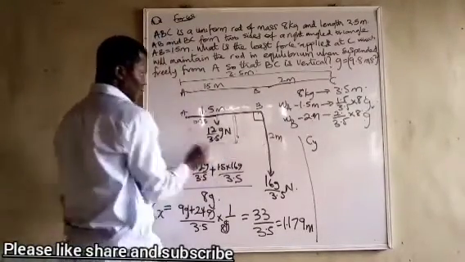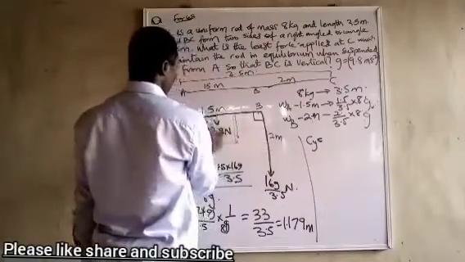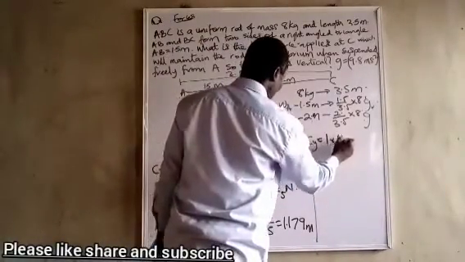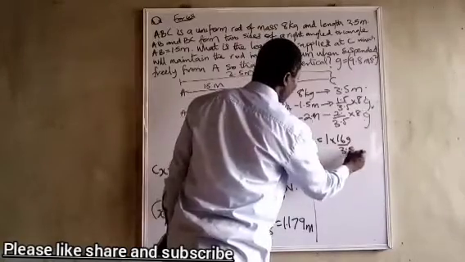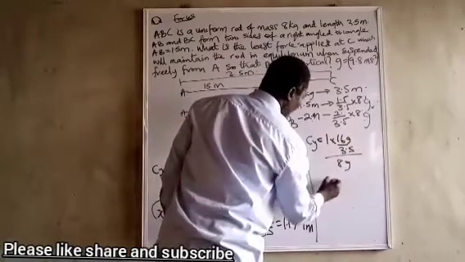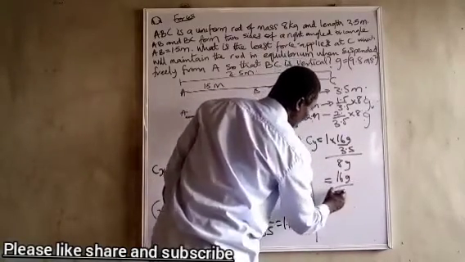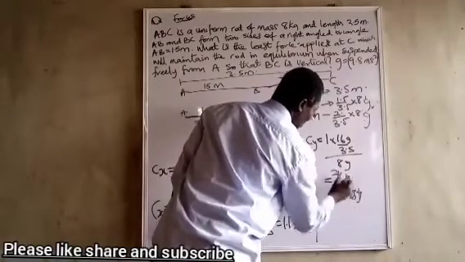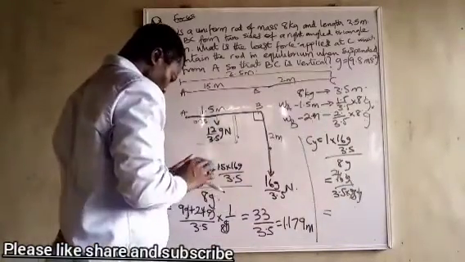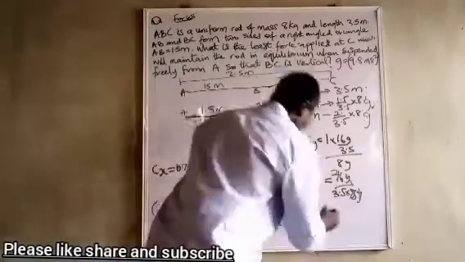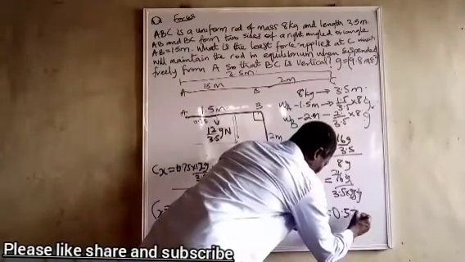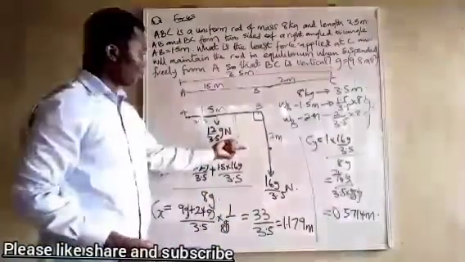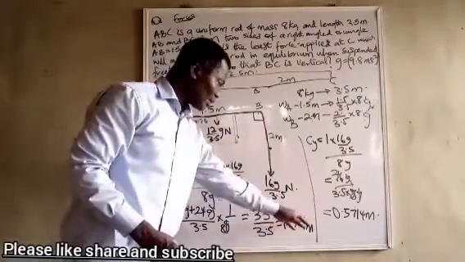So Cy will be equal to 1 times 16g over 3.5 over 8g, and the answer will be equal to 0.5714 meters. So the CG for this is 0.57 meters from above, and from this point 1.179 meters from this place.